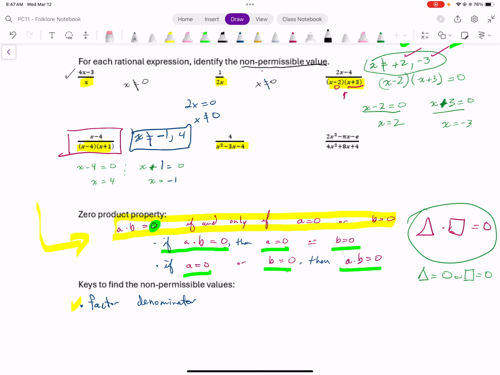So let's factor the bottom. If I factor the bottom, it appears like this, I believe. Hey, that is the exact same denominator as what we have before. Isn't that interesting? So what we get is x cannot be equal to 4 or negative 1.